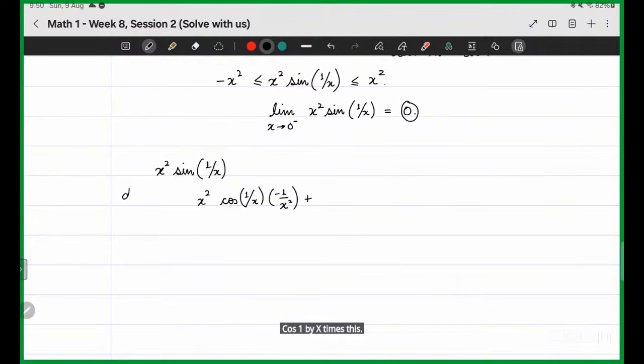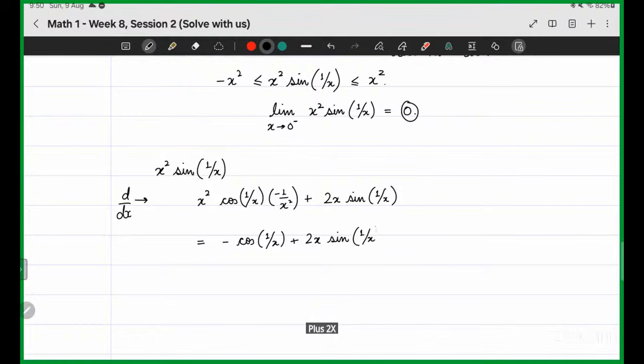Upon differentiation this gives me 2x sine 1 by x, and when I simplify it becomes minus cos 1 by x plus 2x sine 1 by x.